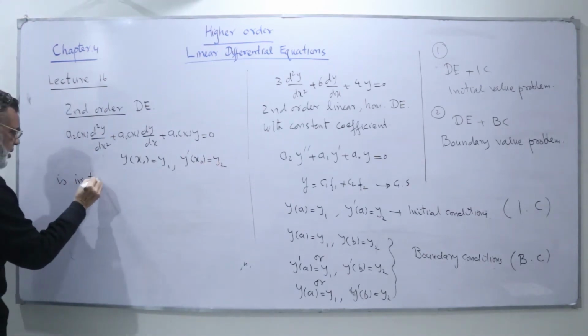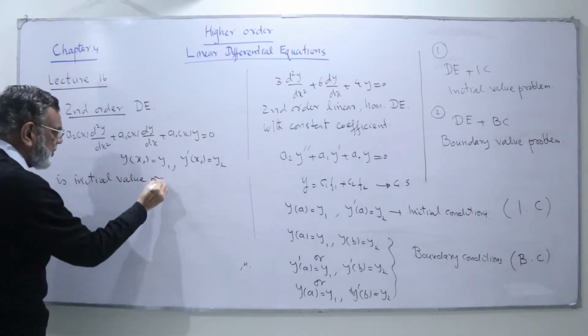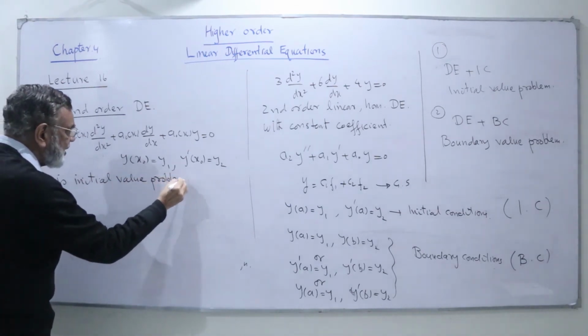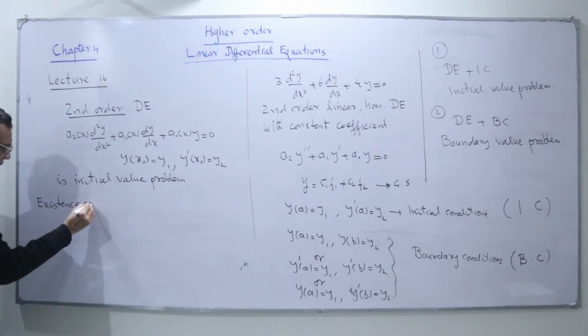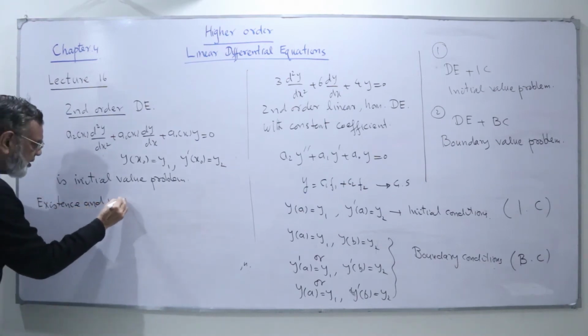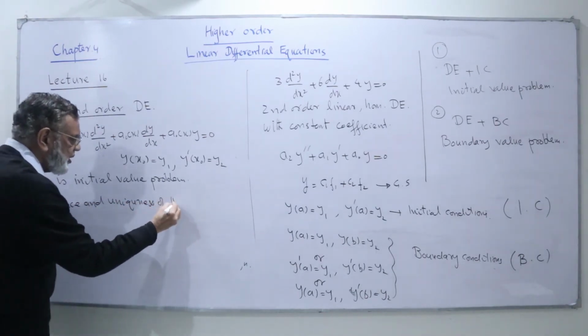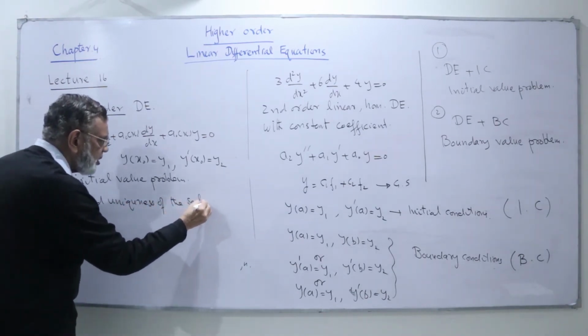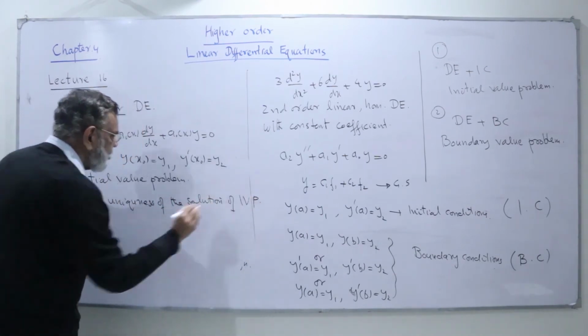The question is, when does the solution exist and is it unique? So, the existence and uniqueness of the solution of an initial value problem.